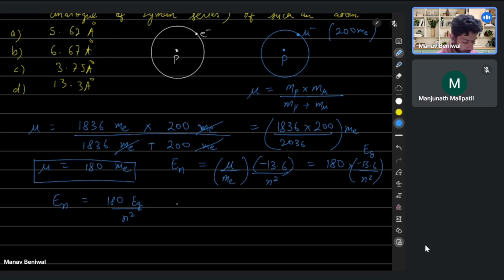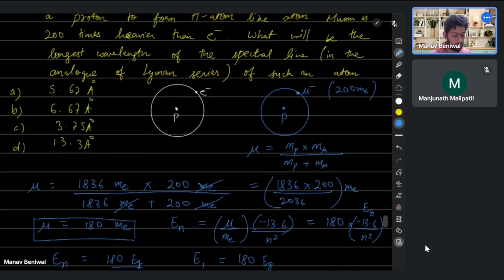So for the ground state, E1 will be 180 Eg. For the first excited state, E2 will be 180 over 4 Eg, which is nothing but 45 Eg.